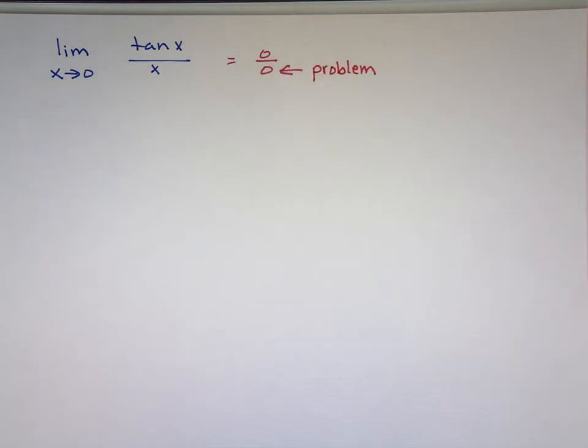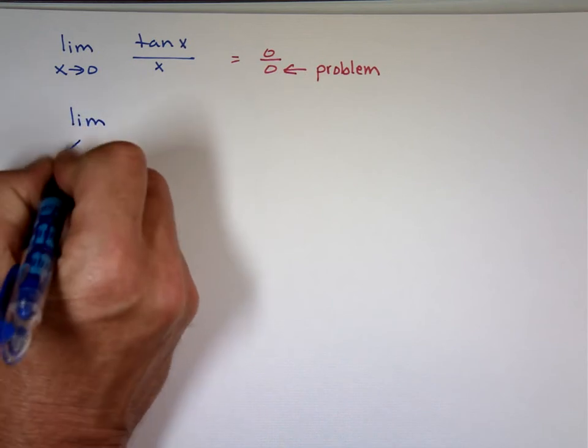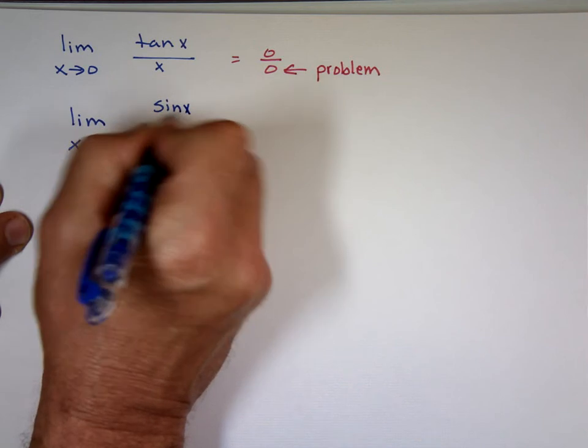So you have to remember your trig identity. Tangent x, rule number 3 on the board here, is what? Sine x over cosine. So if I write that as sine over cosine, that's sine of x over cosine of x, the whole thing divided by what?